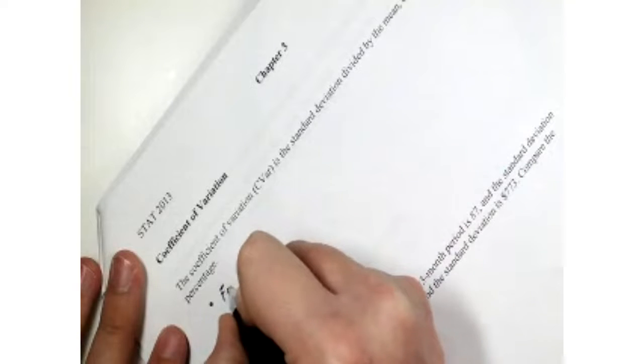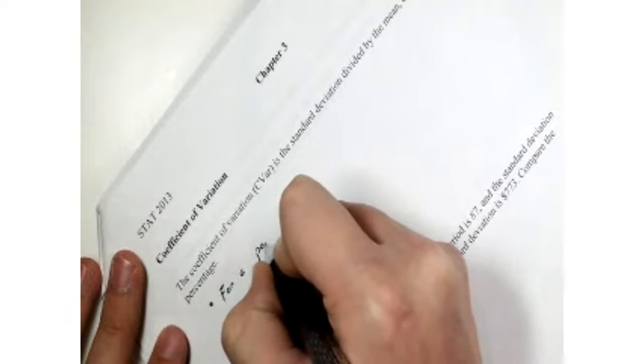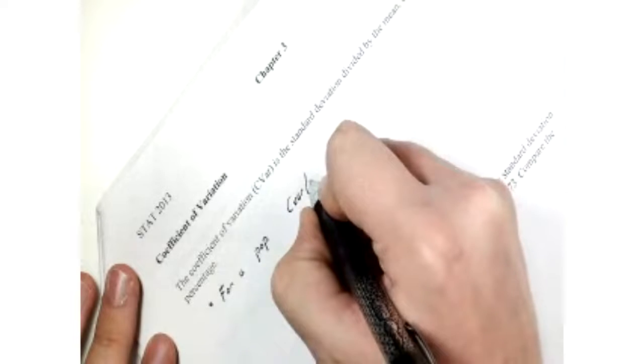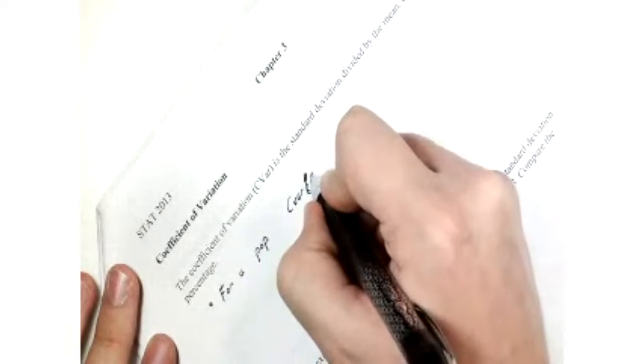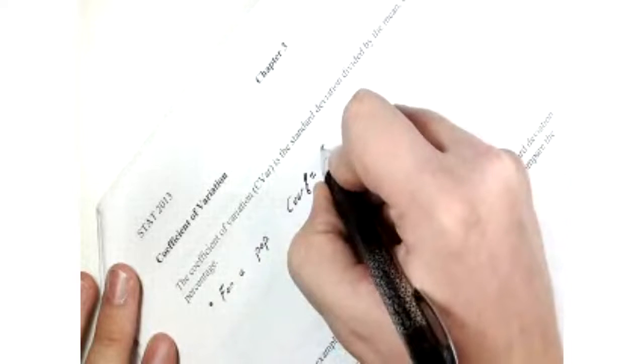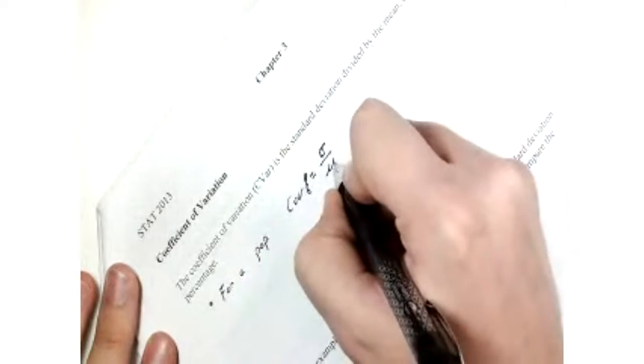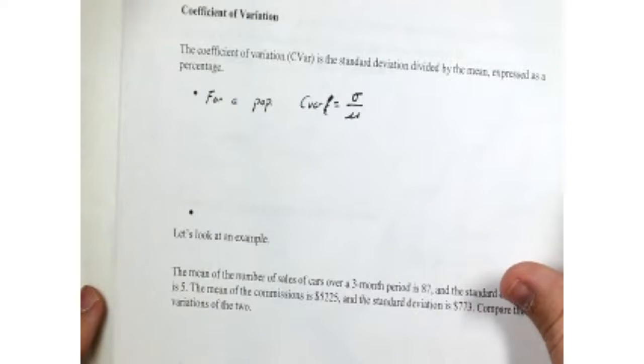For a population, CVAR equals the population standard deviation divided by the population mean. If I want to express it as a percentage, what do I do now? So now it's in decimal form. I need to multiply by 100.